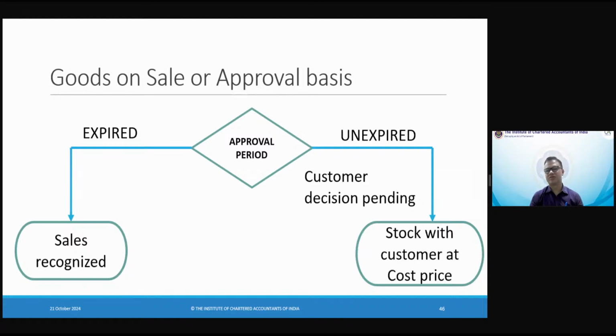Then you keep it as stock with the customer, at cost price. The stock is with the customer, not with you, but it is at cost price. Basically, the sale is not recognized. So this is the point. Kindly remember these concepts, because the subsequent problems you will be solving will be based on these concepts only.